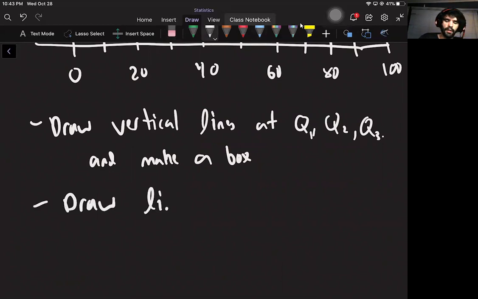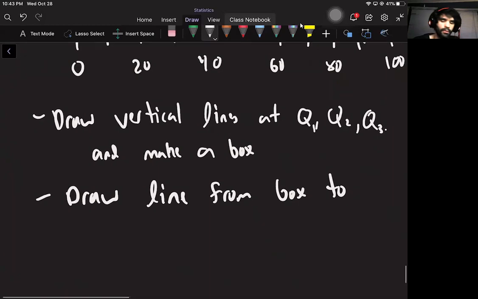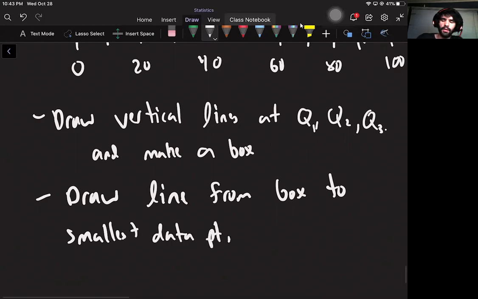So we're going to draw a line from the box to, so people always get this step wrong. I don't know why, but try not to. Okay, so we're going to draw a line from the box to, not the smallest data point, but the smallest data point above the lower fence. So still within the fence.